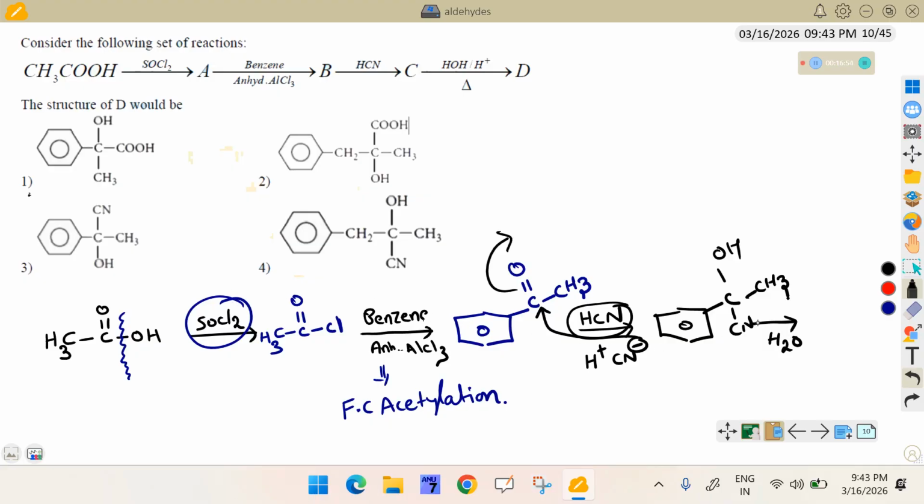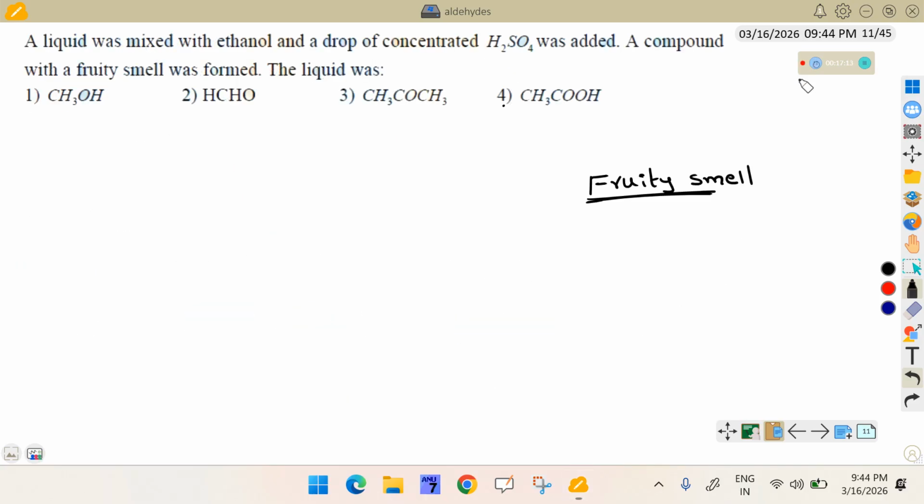I already discussed this with you. Cyanides undergo hydrolysis, then they give carboxylic acid. So C, COOH, CH3, OH and the benzene ring. So the first option is the correct option.